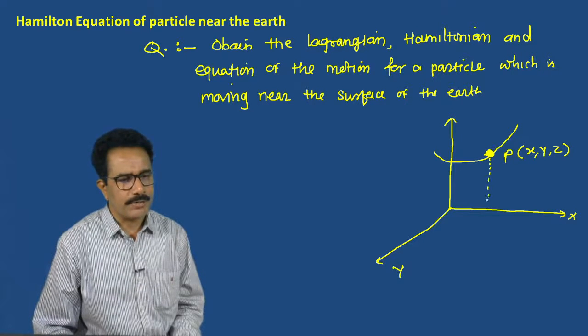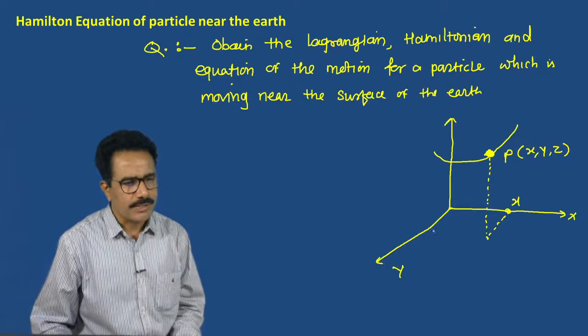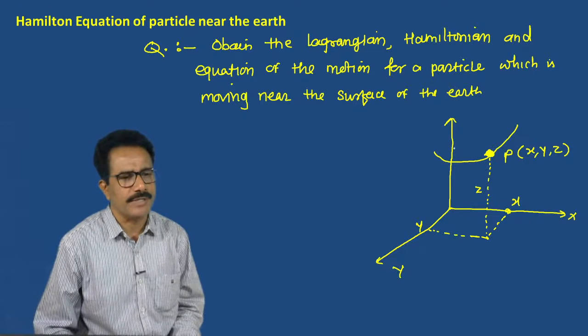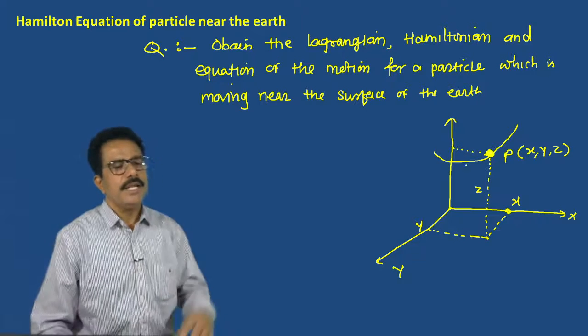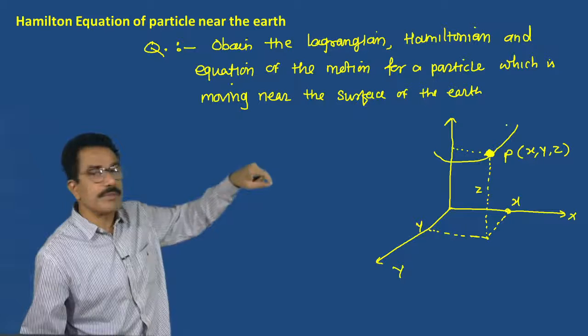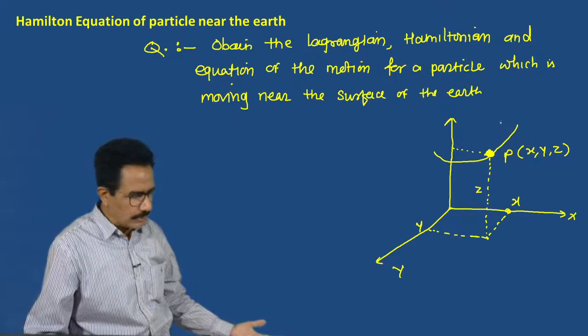This coordinate is called the x coordinate, this the y coordinate, and this vertical coordinate is called the z coordinate. Now we have to find the equation of motion of a particle which is moving in a space nearer to the earth.